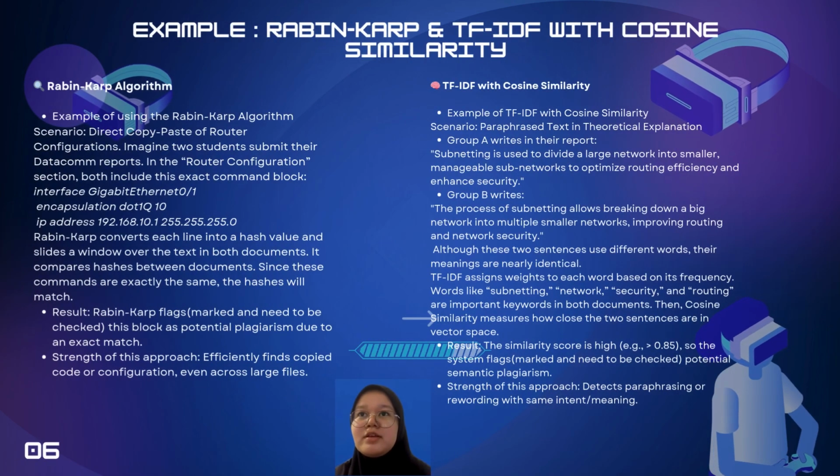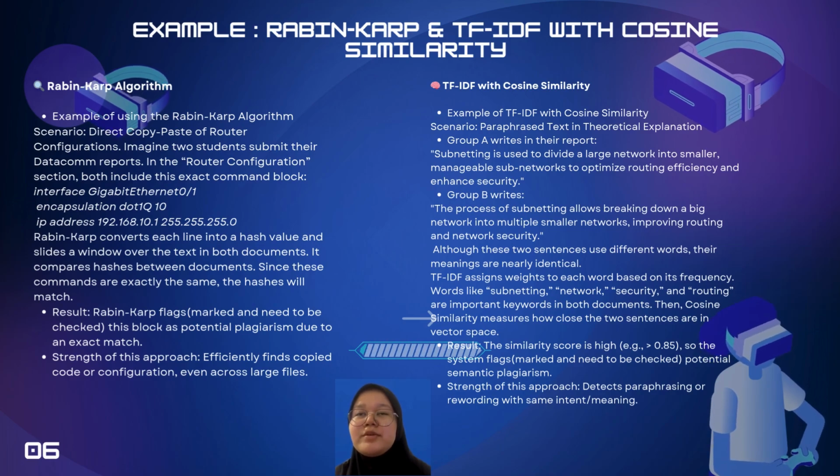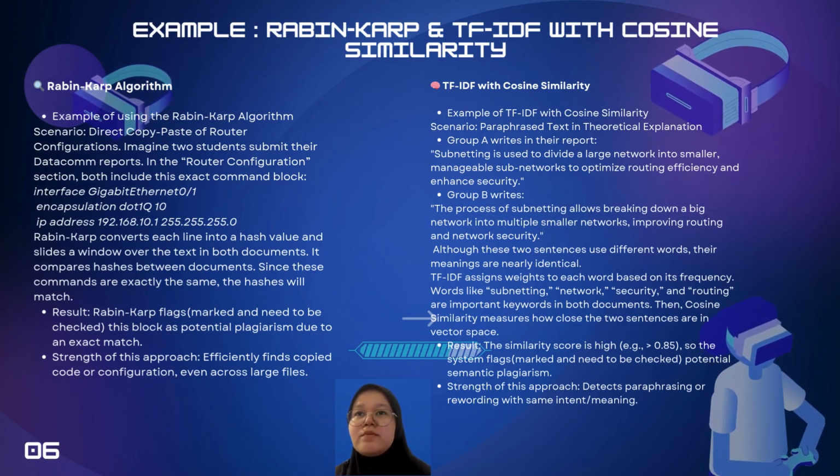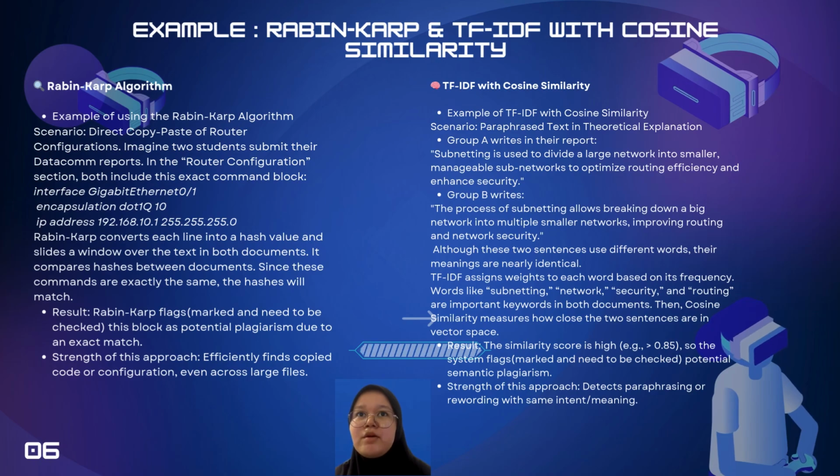For example, first we have the Rabin-Karp algorithm in action. Imagine two students submit their datacom reports. In the router configuration section, both of them include the exact same block of commands.